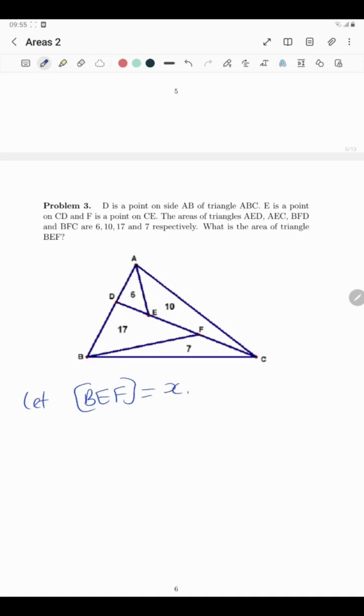Now, knowing that we're calling the area of triangle BEF x, it makes sense to say, okay, let's connect B to E. And knowing that the area of triangle DBF has got to be 17, using a little bit of area counting, that means that the area of triangle DBE has got to be 17 minus x. A little bit of area accounting. Okay, now we need to do something more. Now in this diagram, we see lots of triangles. But importantly, what you also see is a lot of covariance. And what does covariance make you think of?